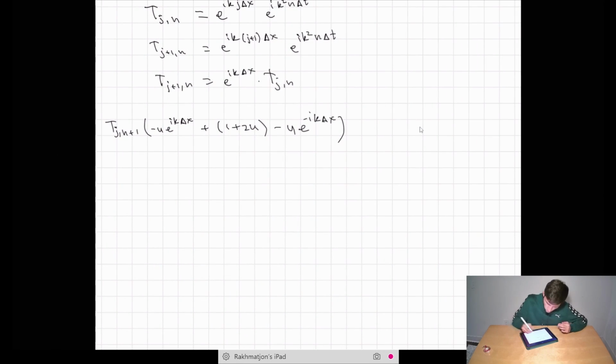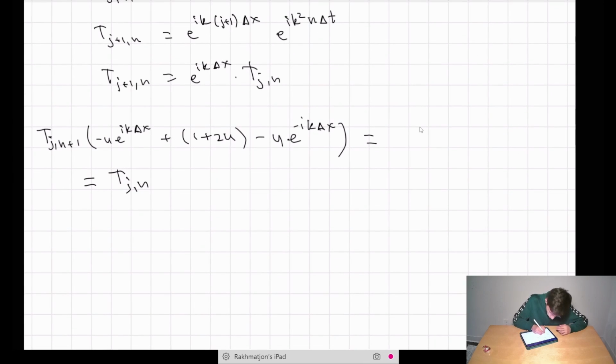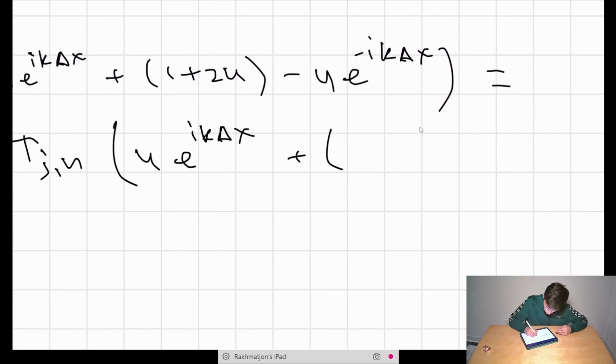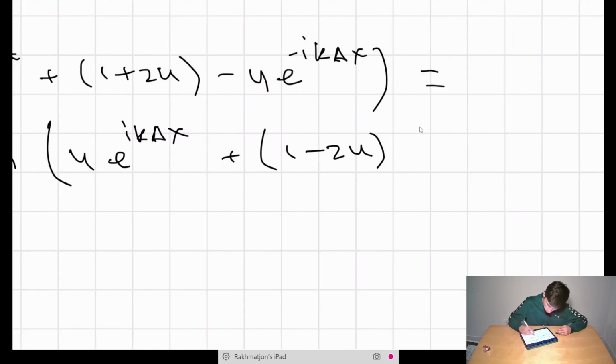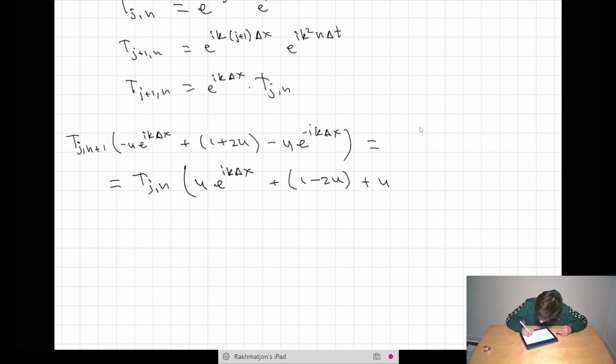That's my left hand side. My right hand side is going to be equal to, factorizing Tj at the current time, u times e to the i k delta x, plus 1 minus 2u, and then plus u, but differing by the factor of negative i k delta x.